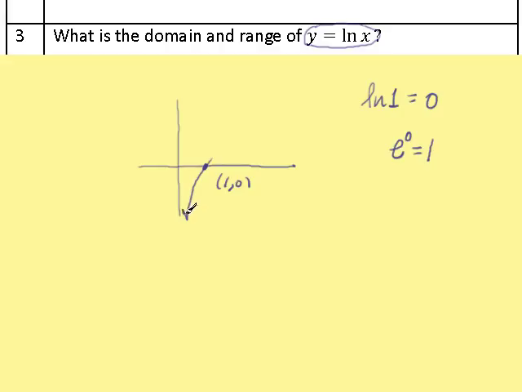It has a vertical asymptote at the y-axis, and it goes up slowly on the right. So the domain is x greater than 0. You see this graph is to the right of 0, and the range is y greater than minus infinity and less than infinity.